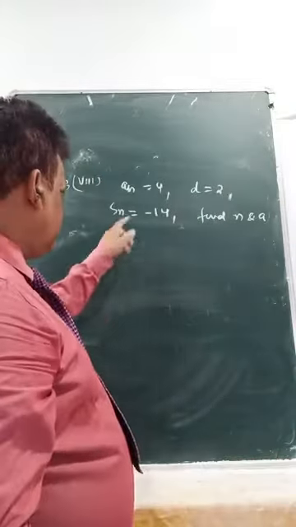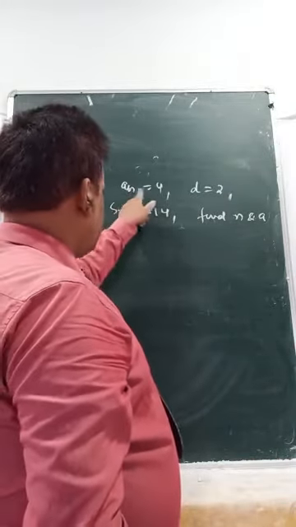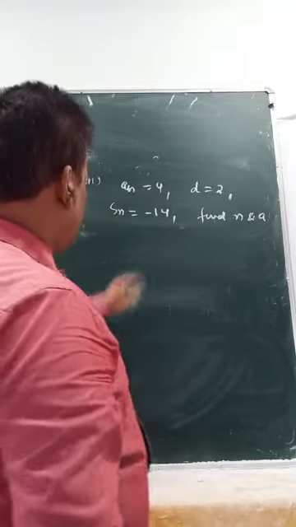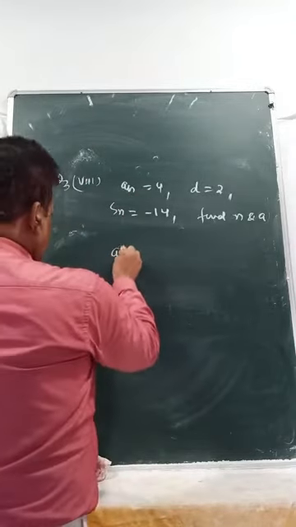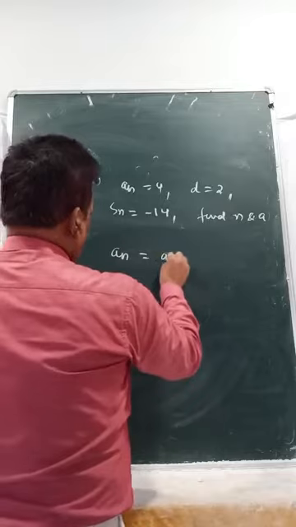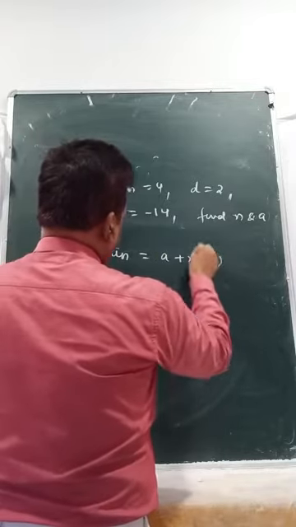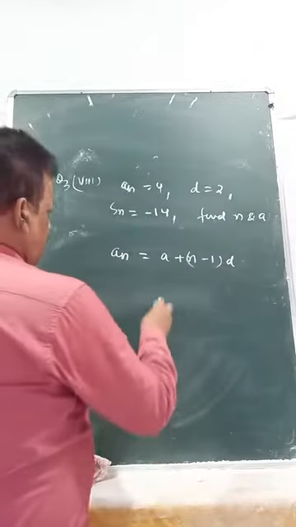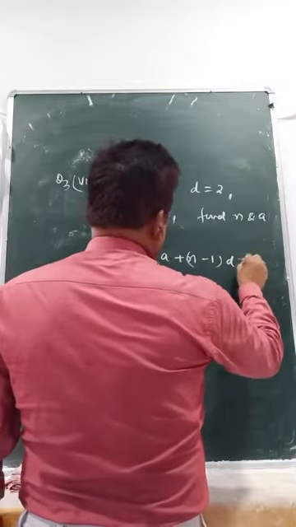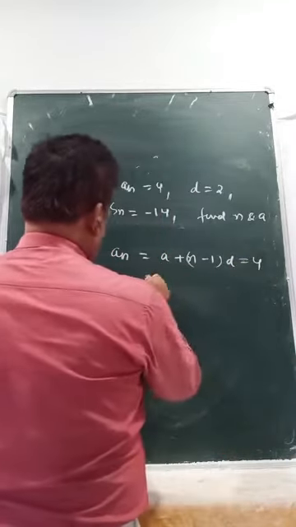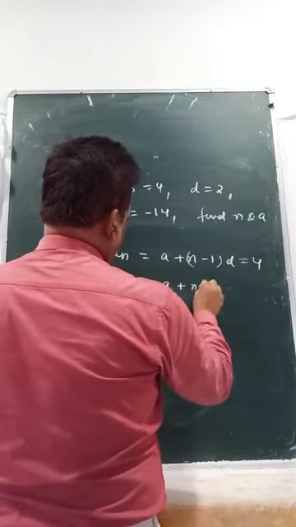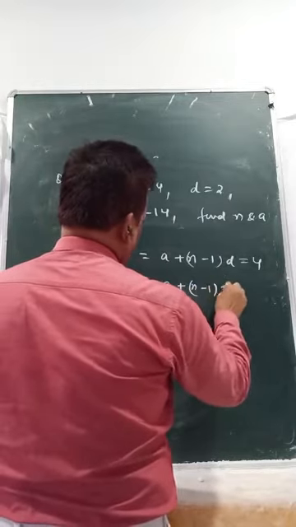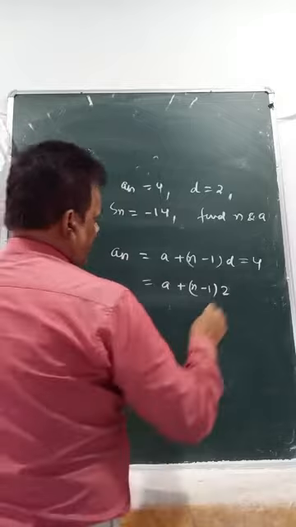Sn is given, n is given. Here is the clue. The last term, n equals a plus n minus 1 into d, which is equal to 4. a plus n minus 1 into 2 equals 4.